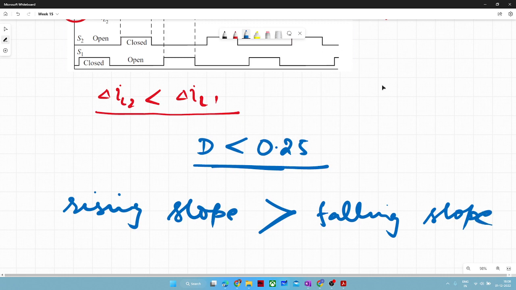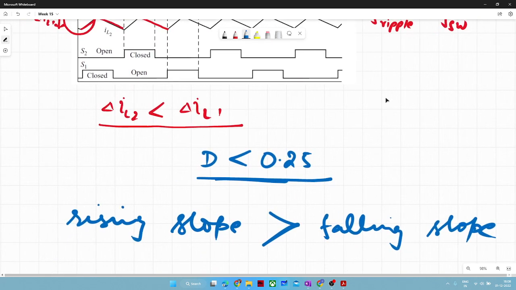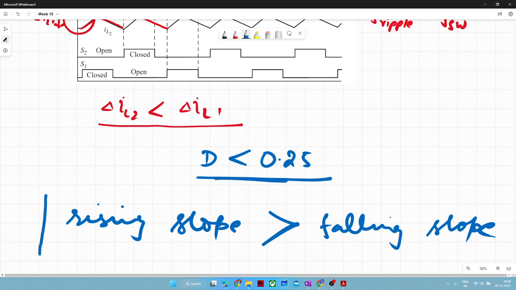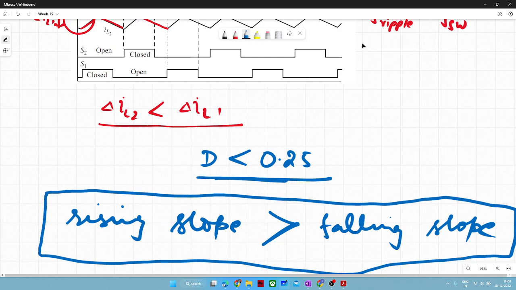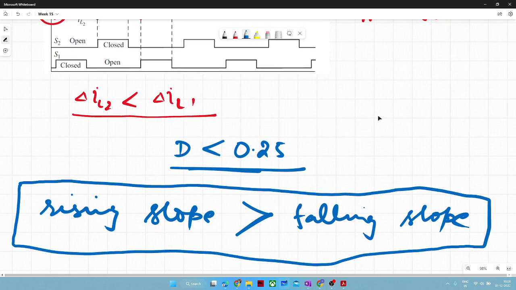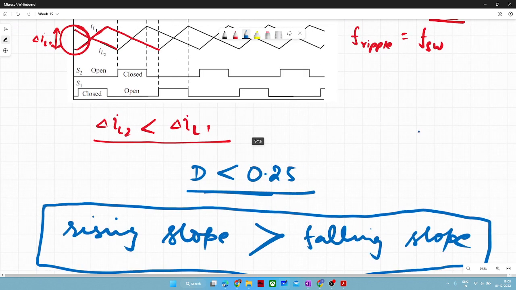Now you can draw it yourself and visualize this criterion. What will happen if the duty ratio is less than 0.25? These are very small exercises, but if you do them on your own, you will get better insight than just listening here. Anyway, these are the things you can keep in mind.